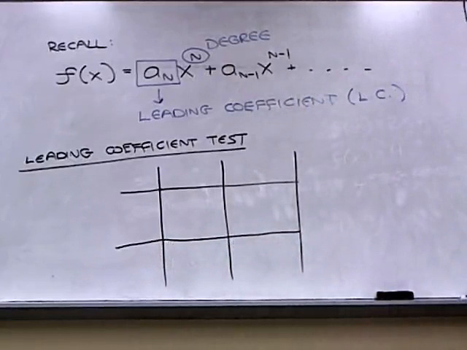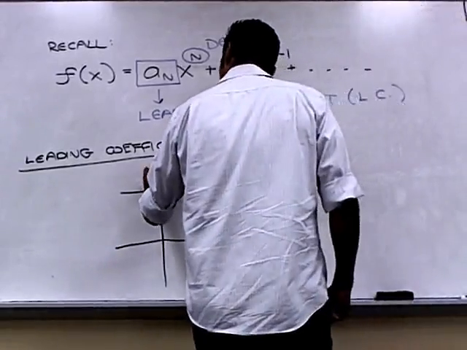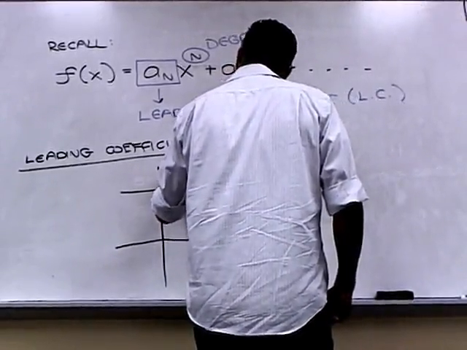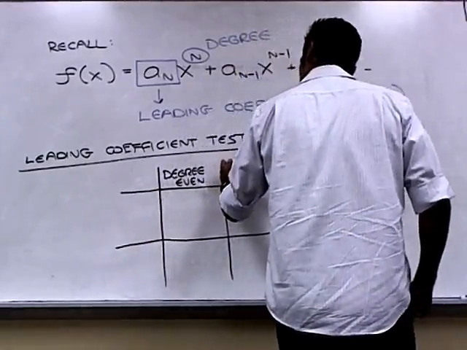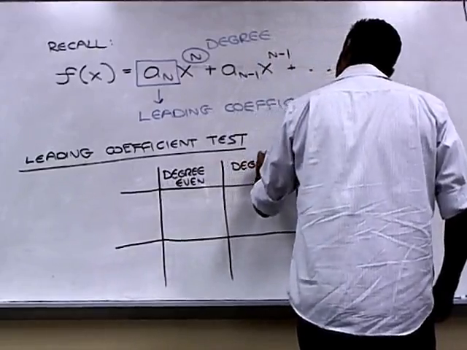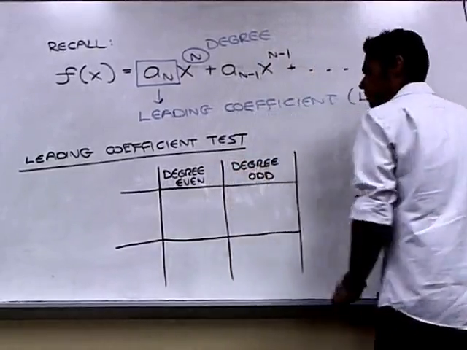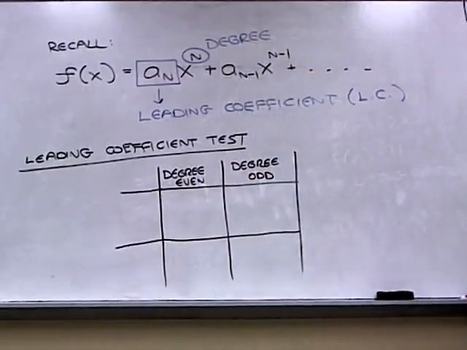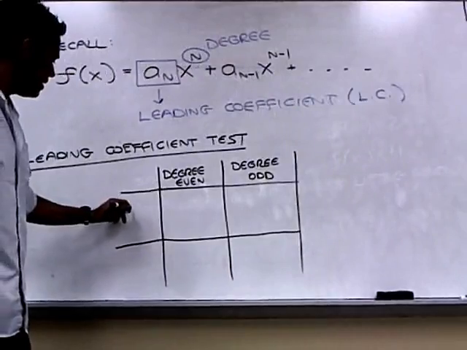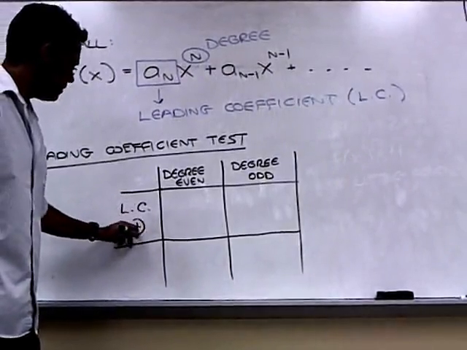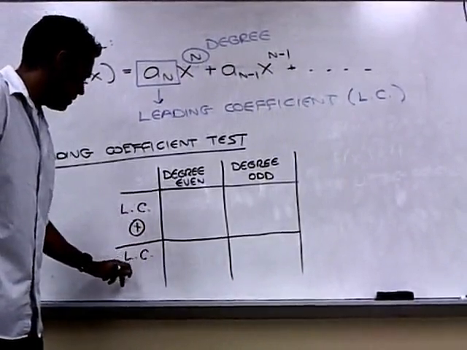Draw a little table like this. Up on the top, put degree even. Then over here, put degree odd. On this side of the table, put LC positive, LC negative.